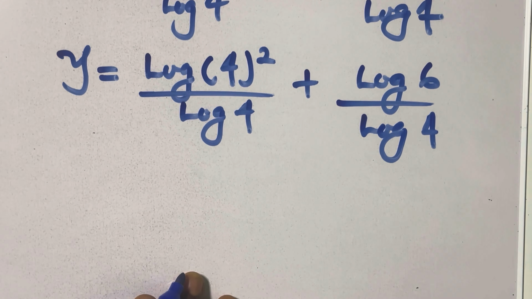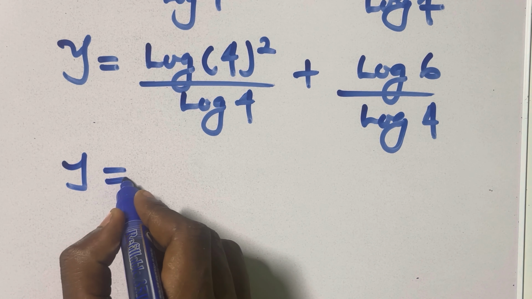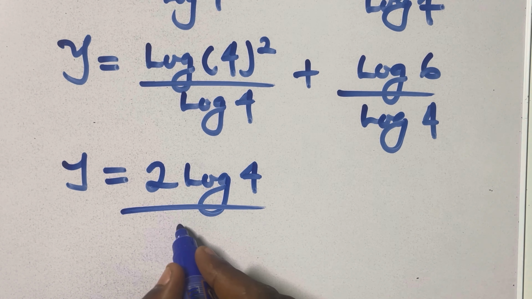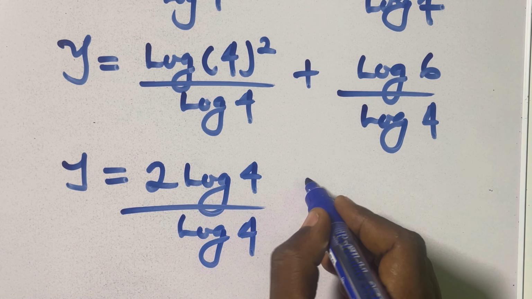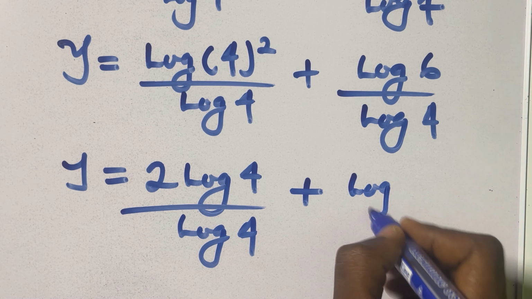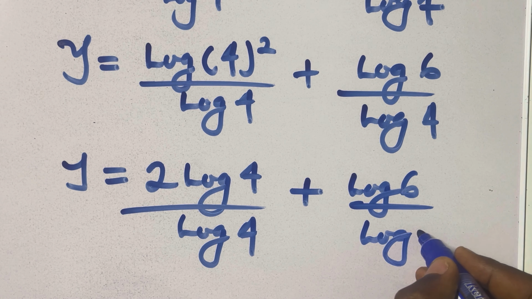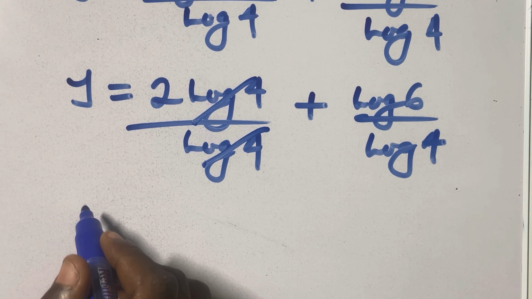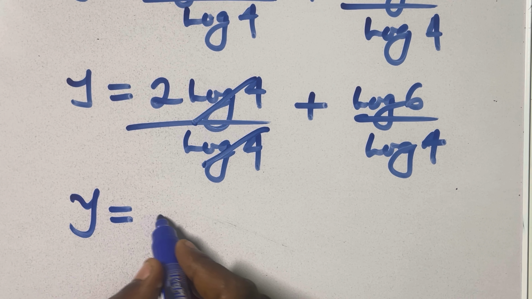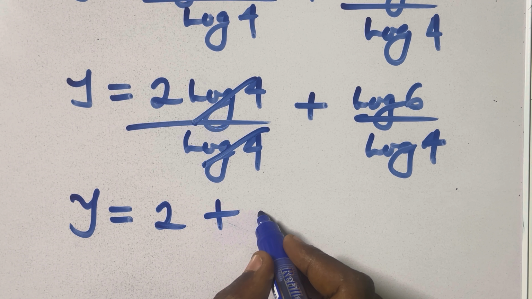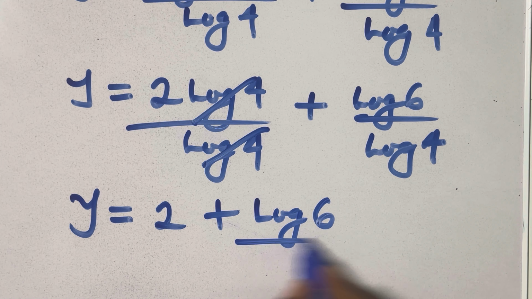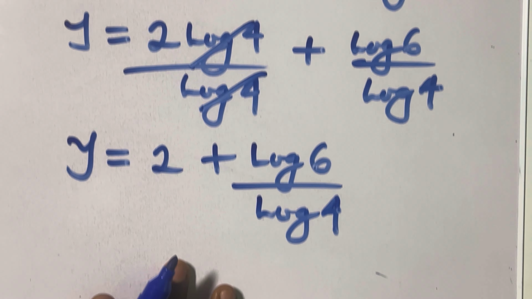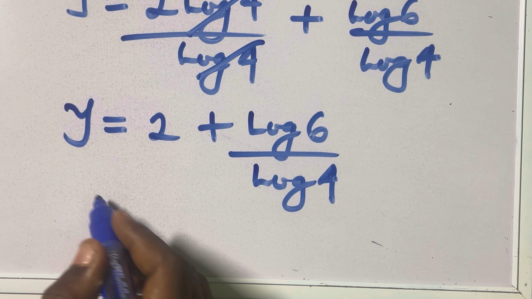So then y equals 2 log 4 divided by log 4 plus log 6 divided by log 4. We know this will cancel out this. Then we are going to have y equals 2 plus log 6 divided by log 4. I hope you are following. Let me know in the comment section.